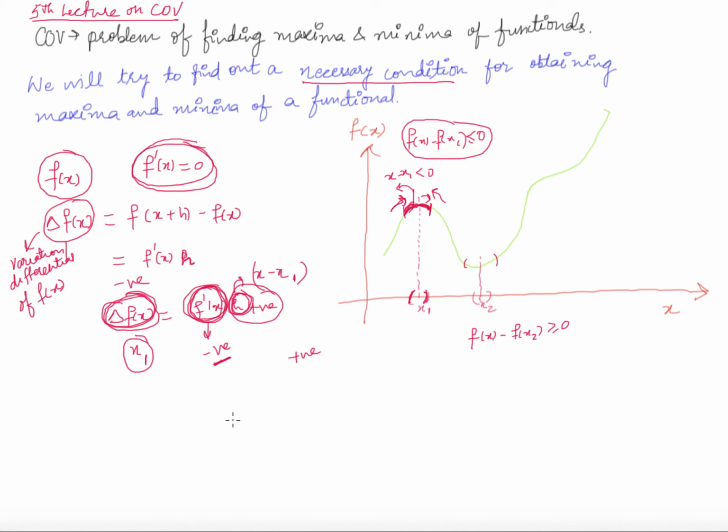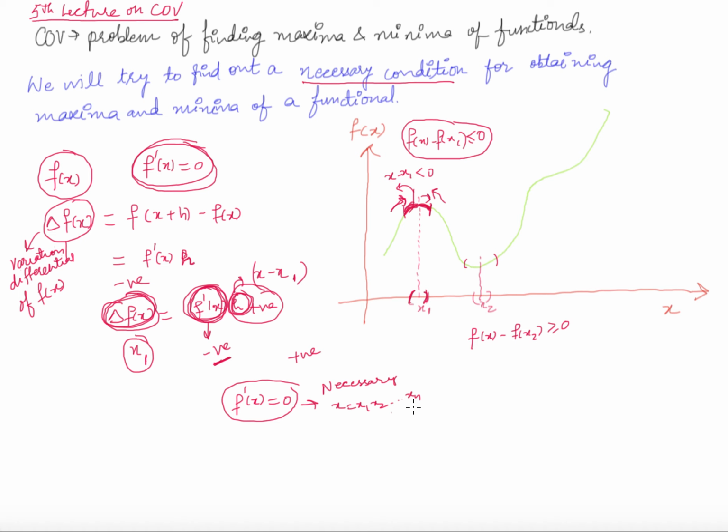So it means that your f dash x has to be 0. So this is your necessary condition. Necessary means that at least this condition should be satisfied. This will give you some values, x is equal to x1, x2 and xn.